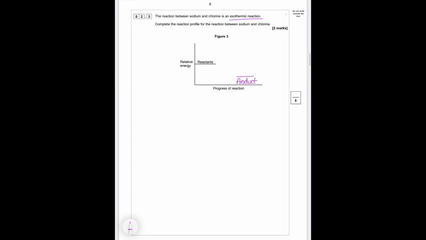And then to show the reaction profile, we would do the activation energy and then the line would come down and meet where the product is at the bottom there. If it was endothermic, then we would draw this the other way around, so the products would be higher than the reactants, but because it's exothermic, the product is lower.